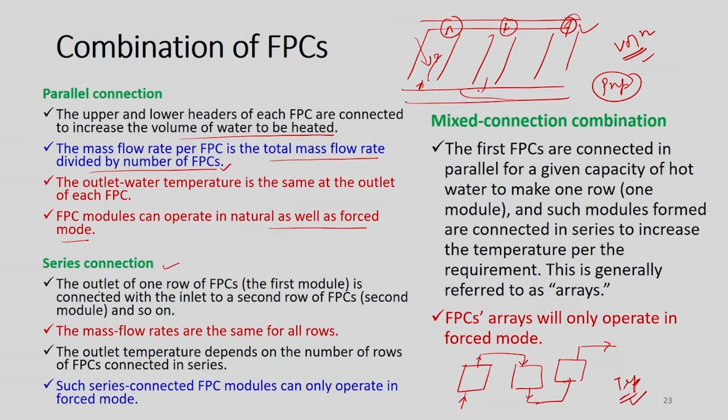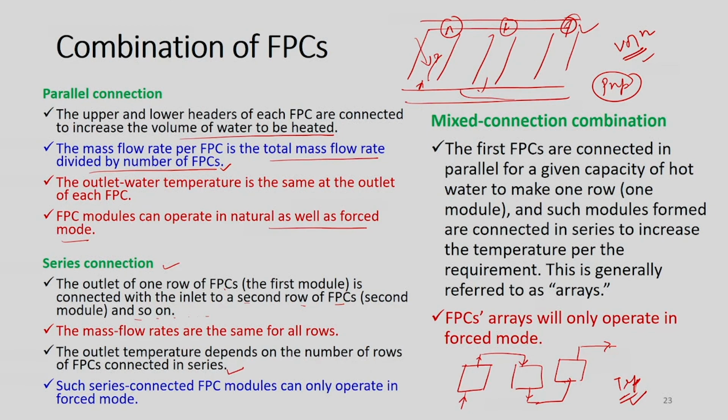So, the outlet of one row of FPC is connected with the inlet of the second row of FPC, and that continues as per the requirement. The mass flow rates are the same for all the rows. The outlet temperature depends on the number of rows of FPCs connected in series.